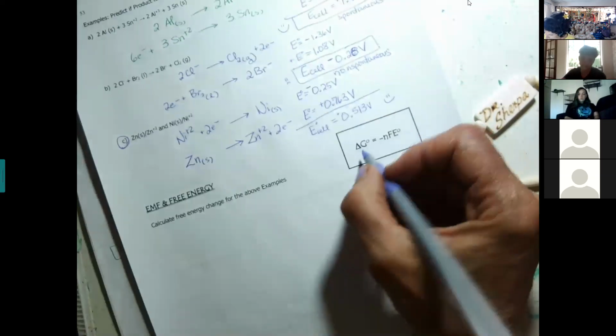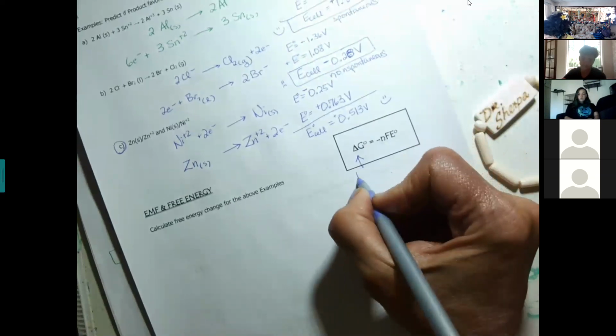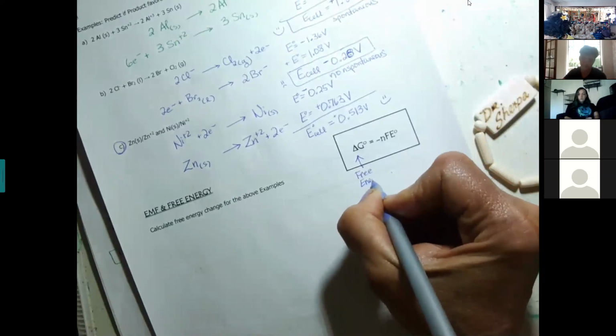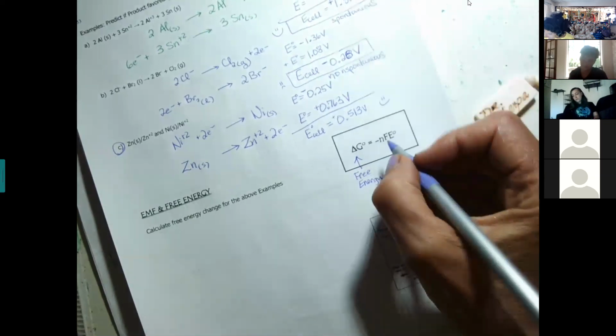All right, last piece is putting it with the entropy and free energy. So delta G is free energy. I do not know why they called it free energy. Nobody picked Gibbs as their famous person. E is the cell potential.